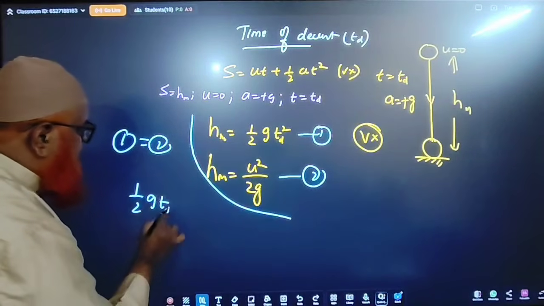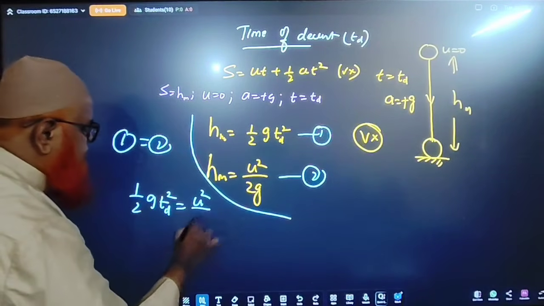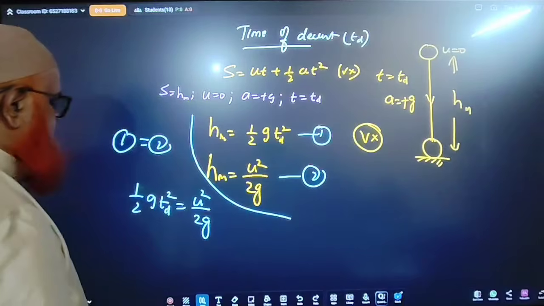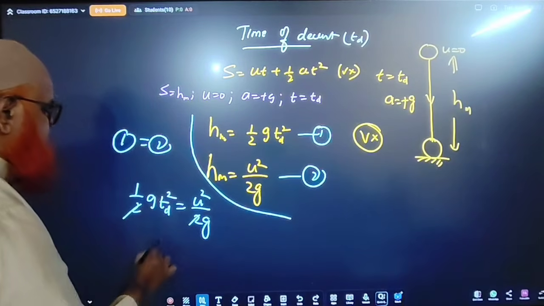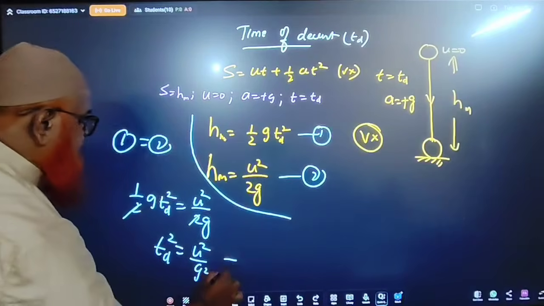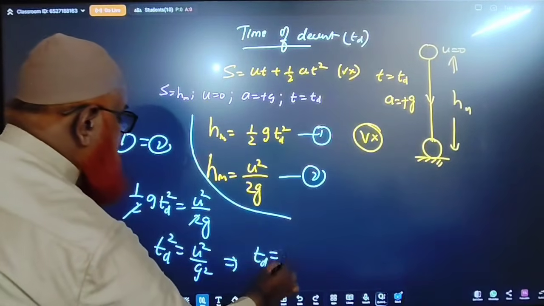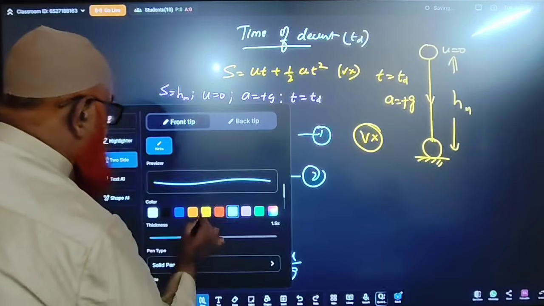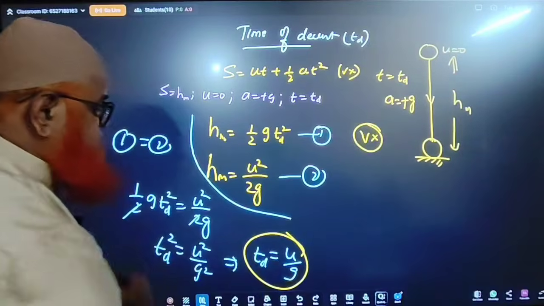Half g td square is equal to u square by 2g. Understand? So 2 gets cancelled. Td square is equal to u square by g square. This implies that Td is equal to u by g.